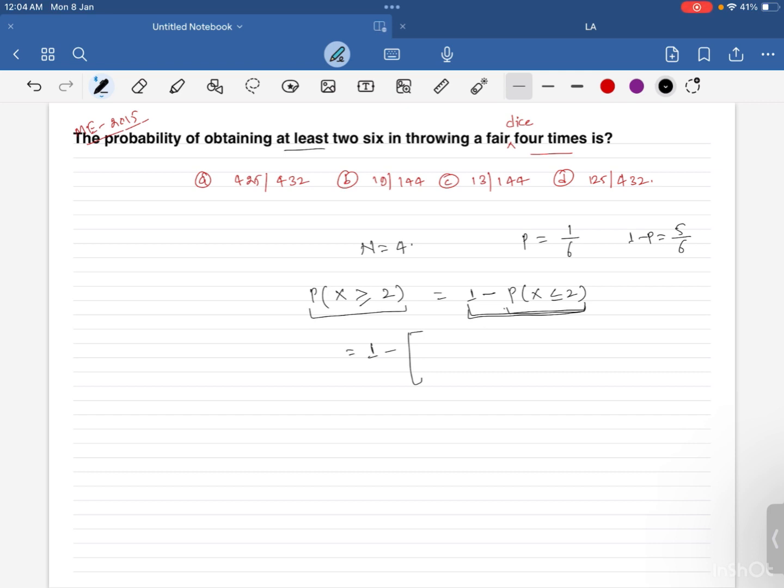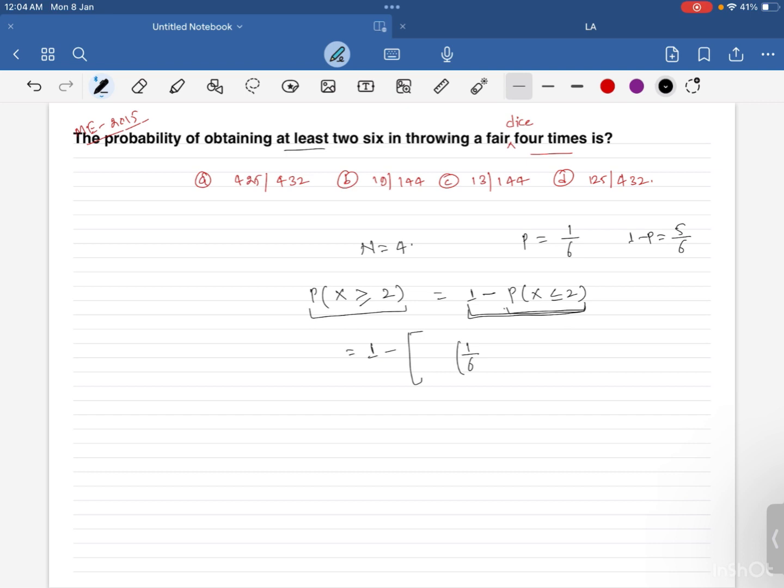So if we are getting 0 sixes, that means no success, so all of them are unsuccessful.